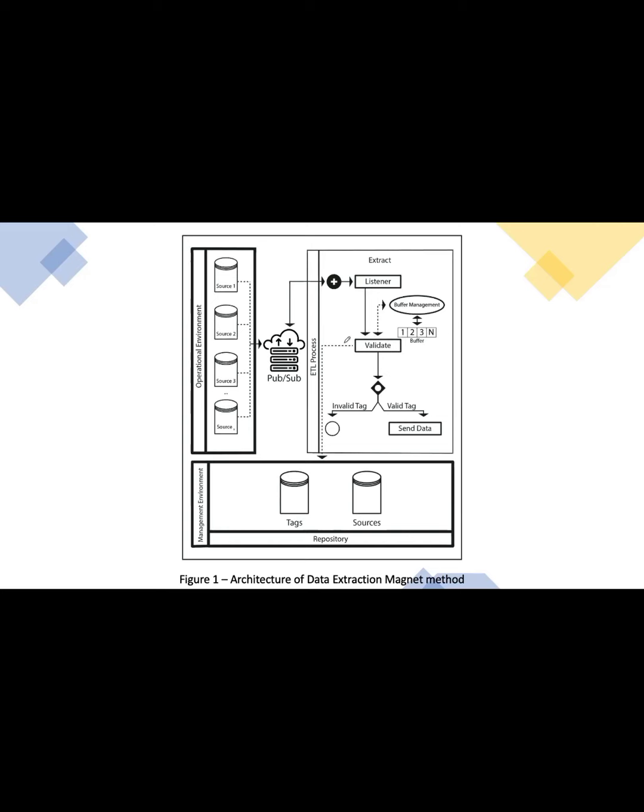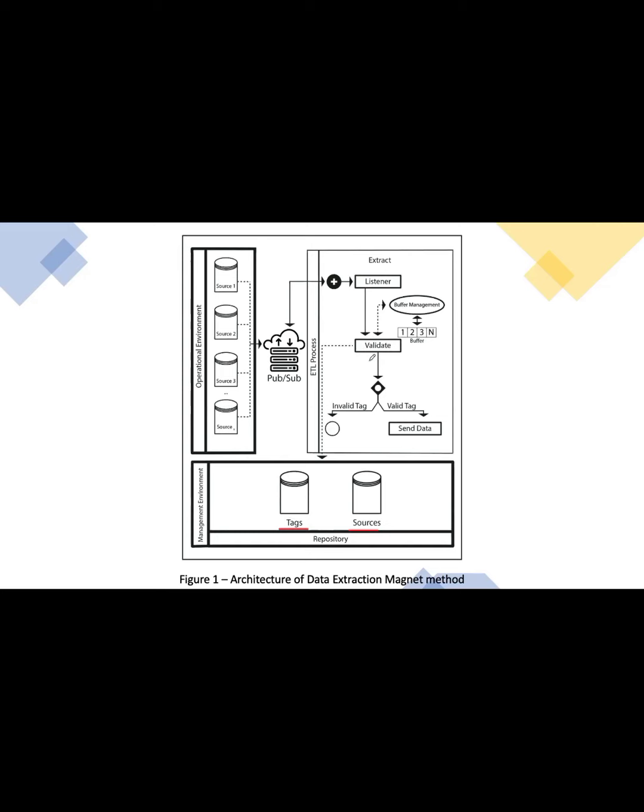This validate process is responsible for accessing the repository components, as we see here, tags repository and sources repository. Once connected to these repositories, the validate process validates this data of interest.